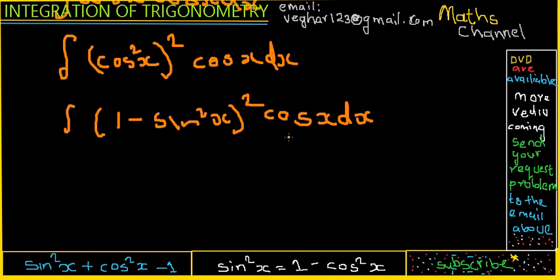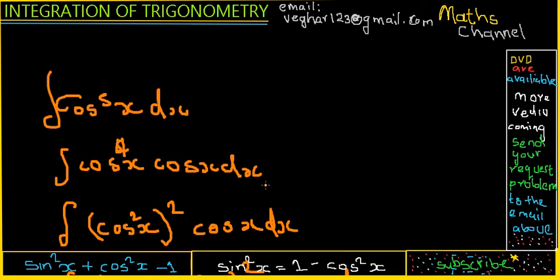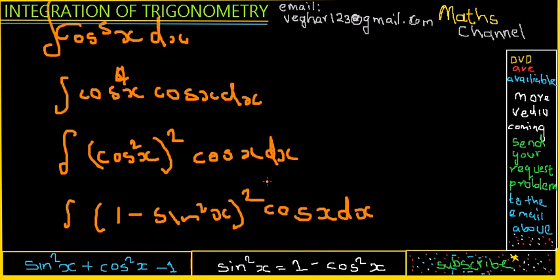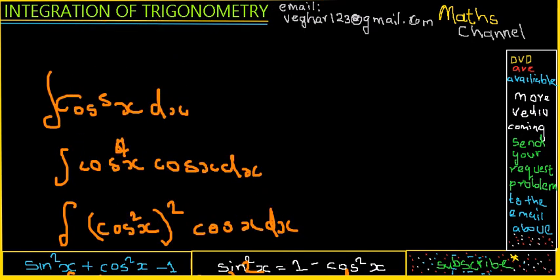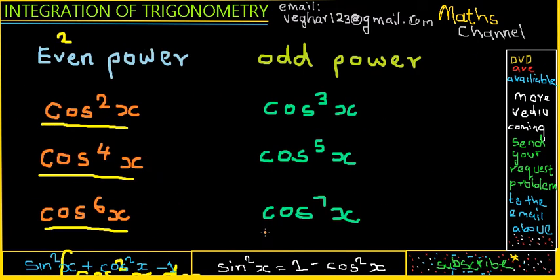And then from here you will use the u substitution. You let sine be u, and then you use the u substitution. Let's check this one.